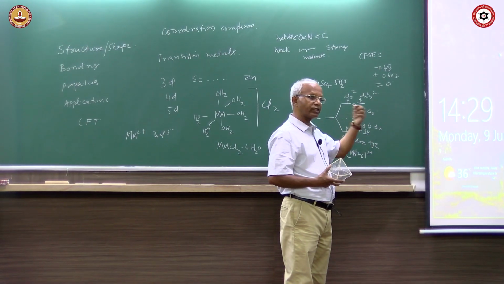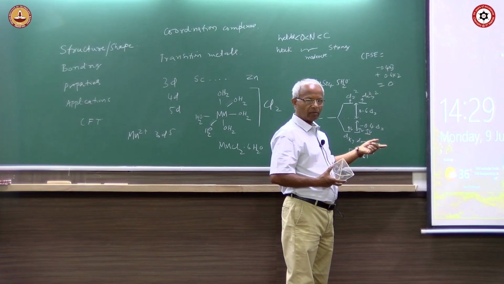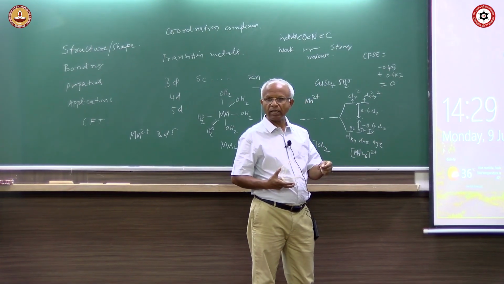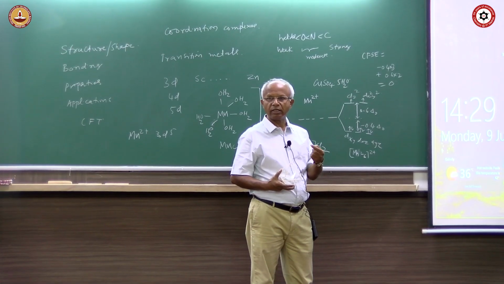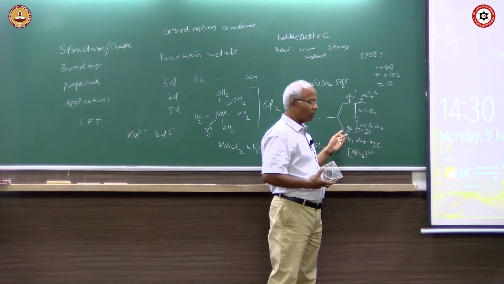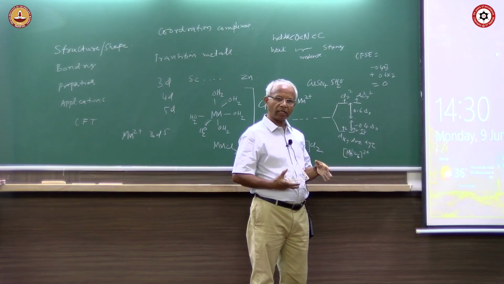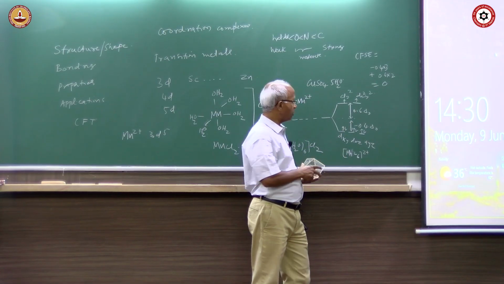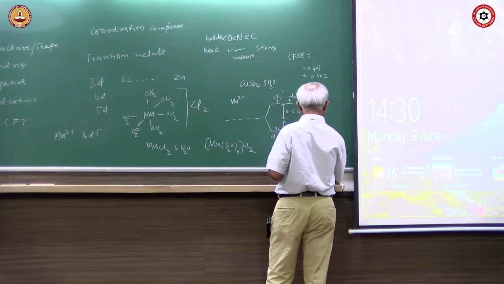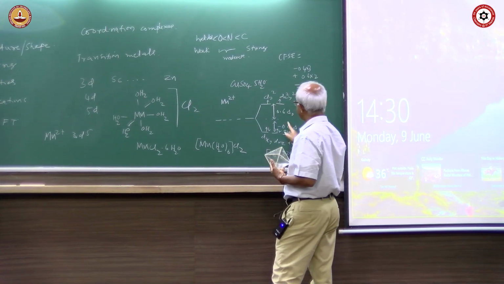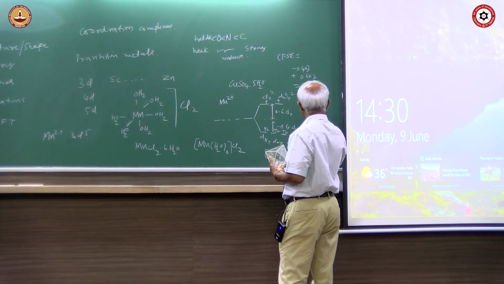If you put another extra electron, then there is a problem, because one orbital gets filled by 2, another orbital gets filled by only 1, and hence that doesn't lead to stabilization. Whereas here below, all the 3 are equally occupied, there is no problem. So here also there is no problem. So this is an example for nickel 2 plus, which is 3d8.